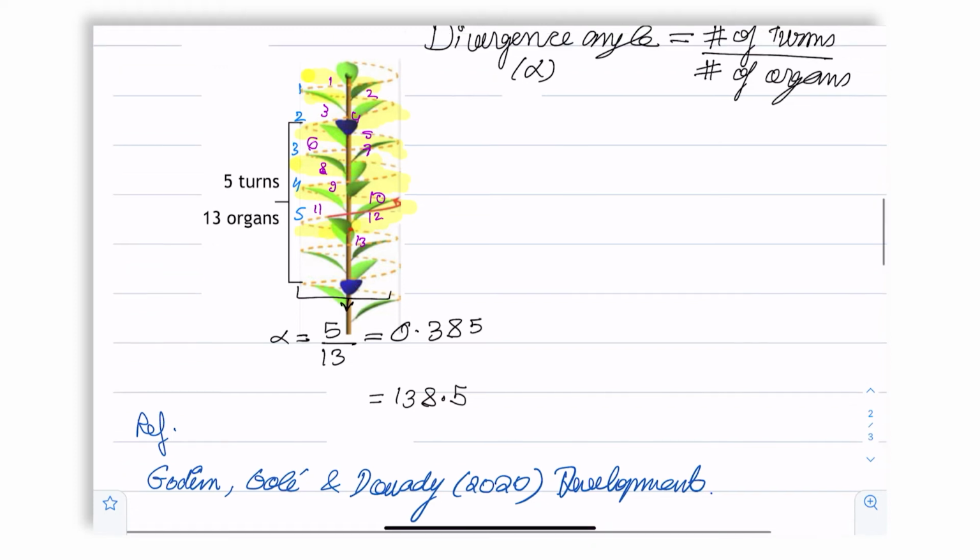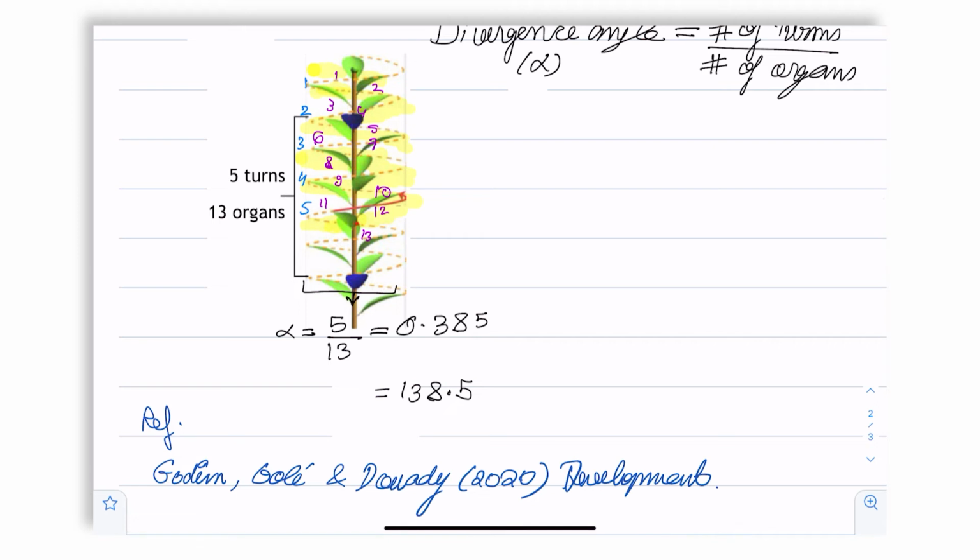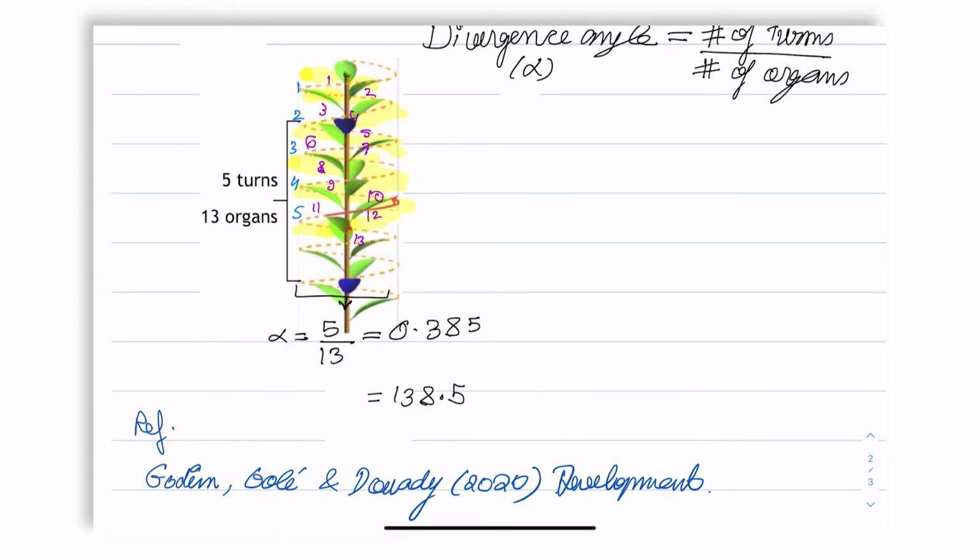So what you are looking at is a very simple numbering of the organs. With blue, this one, we start with the counting, or you can start from below, and we go up.